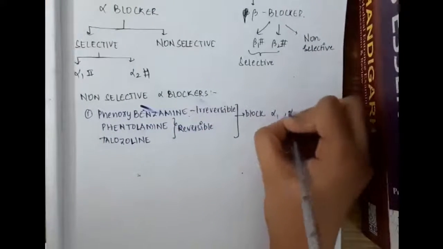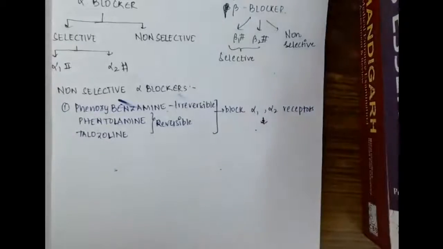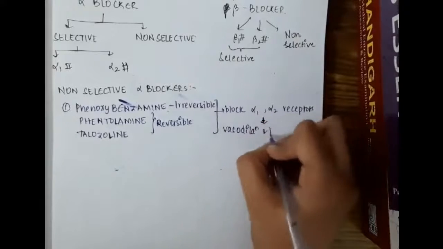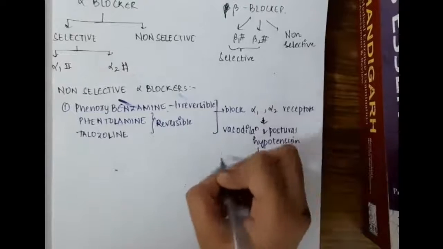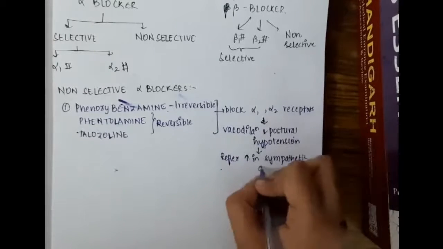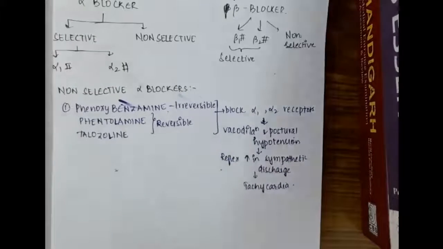All these will block alpha 1 and alpha 2 receptors and thus cause vasodilatation and postural hypotension. These will also cause reflex increase in sympathetic discharge, thus leading to tachycardia.